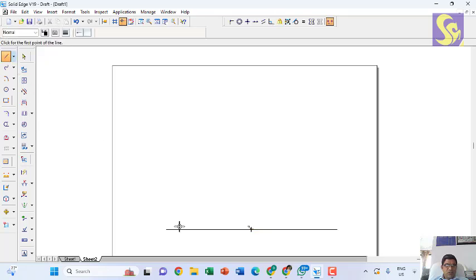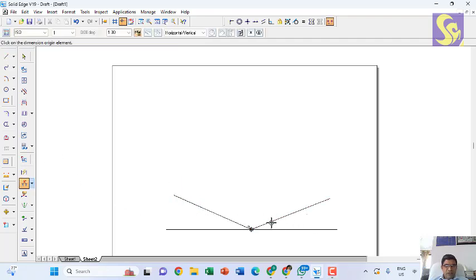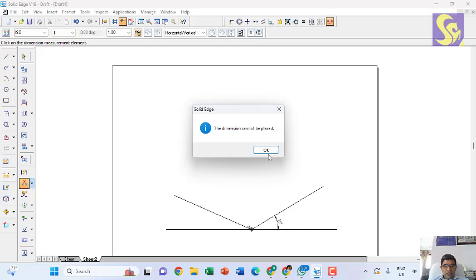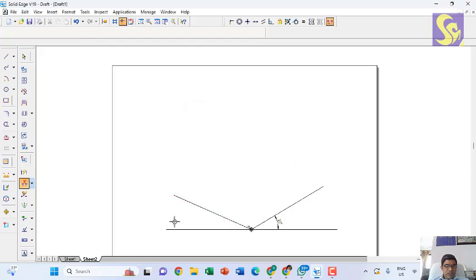Then I'll draw two 30-degree lines which are my reference lines. Two reference lines I have drawn. Ensure that this is angled at 30 and the other side is also angled at 30.